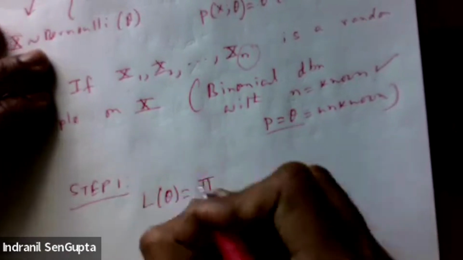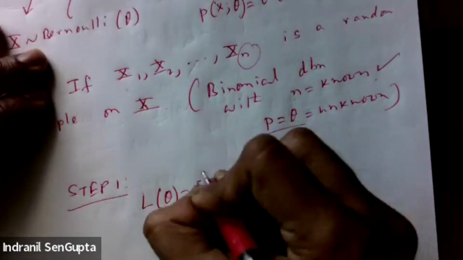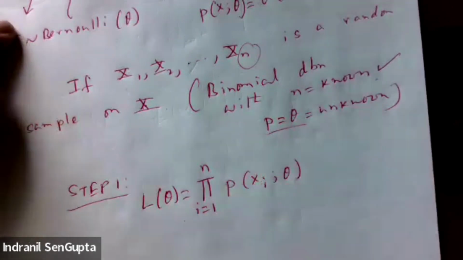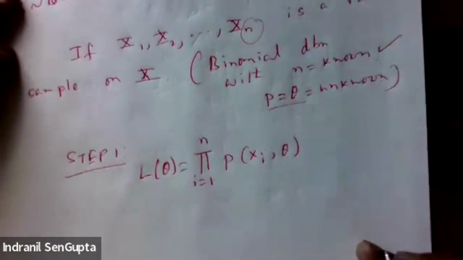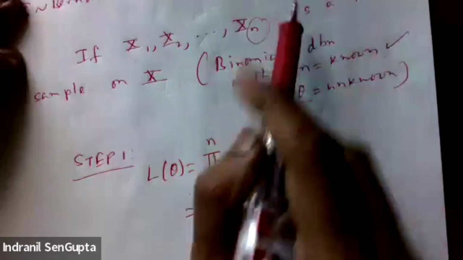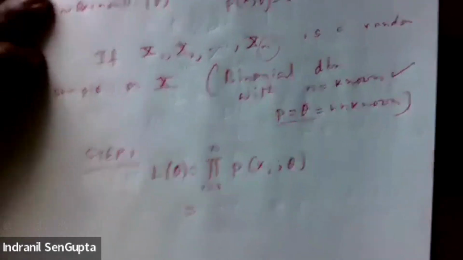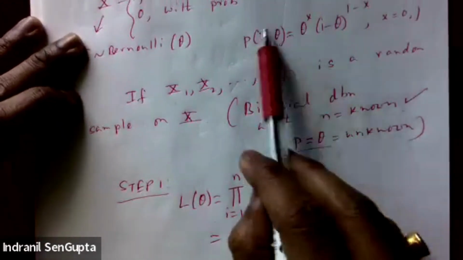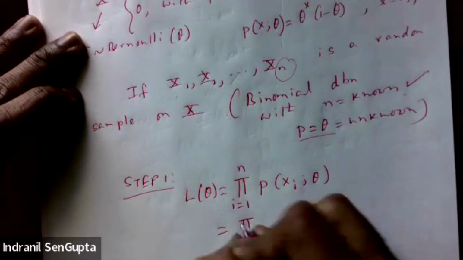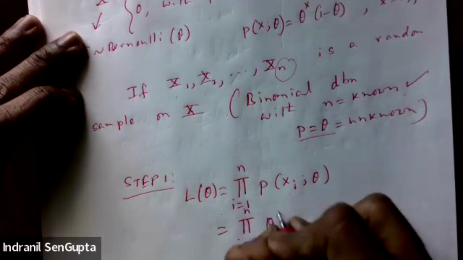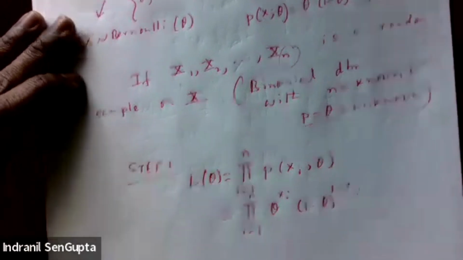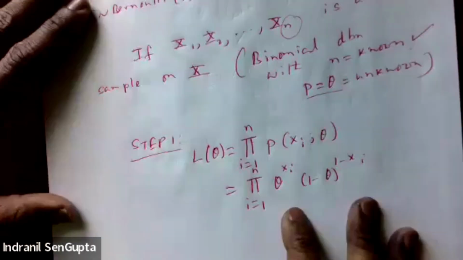So it's the product for i from 1 to n of p of xi given theta. This is the same as the quantities we have written right here, so let's write it down. It's the product for i from 1 to n of theta to the xi, 1 minus theta to the 1 minus xi. So that's L of theta.